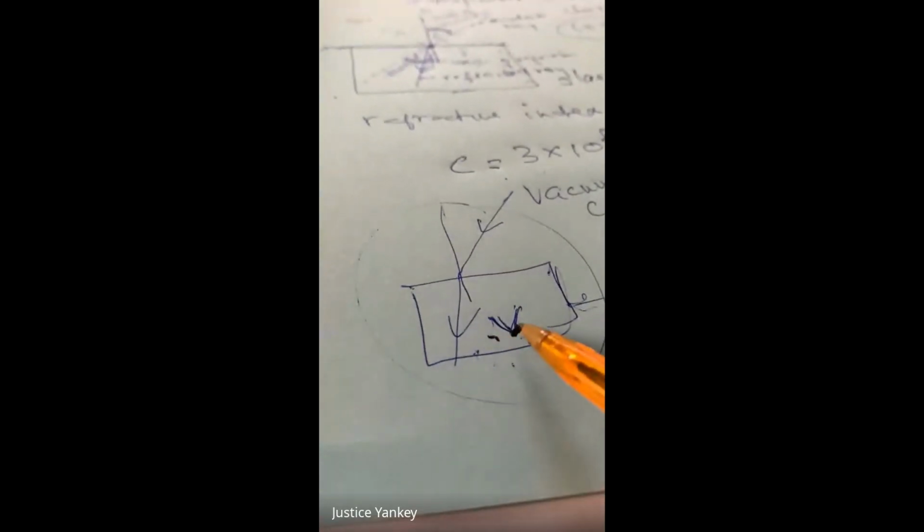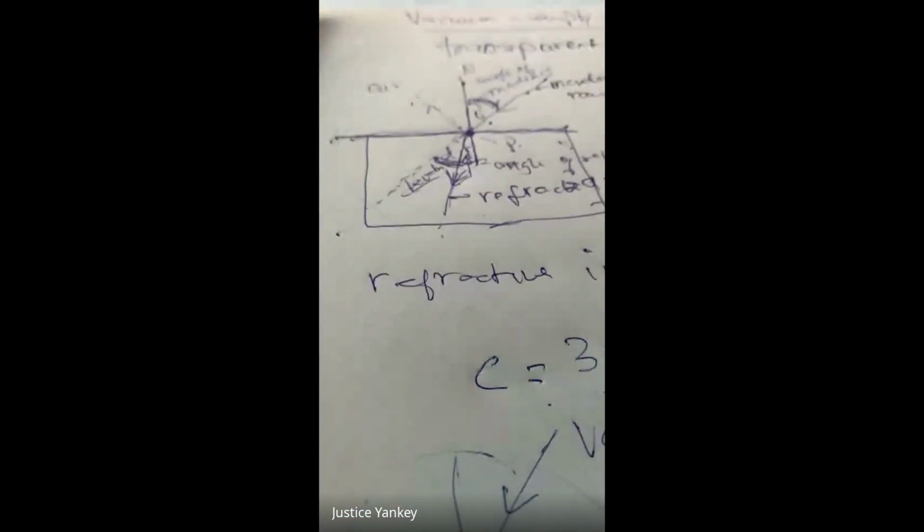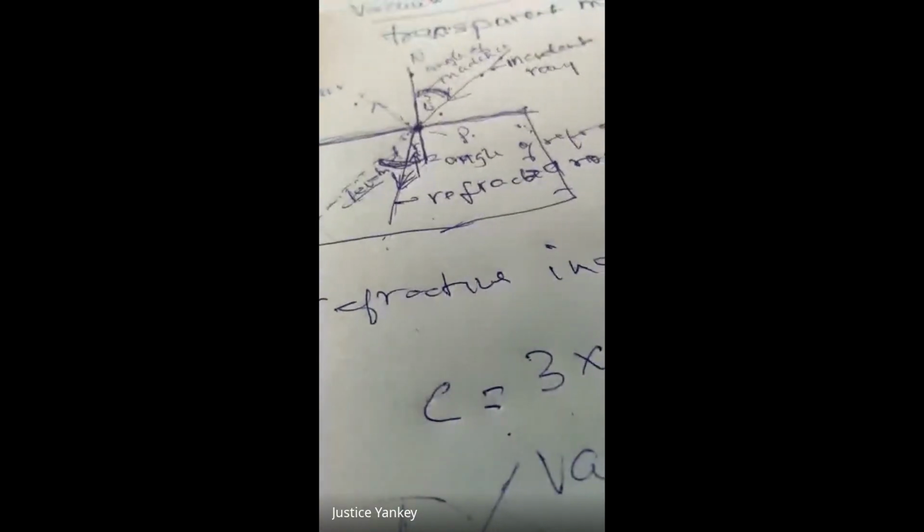This V in glass will be different for water, different for air, and different for any other transparent material. In glass it is V. In other materials, the value of the velocity will be different from that of glass. So every material has its own speed with which light travels through it. Now, if we calculate the ratio of the speed of light in vacuum to the speed of light in a material V, the result is called the refractive index of the material.